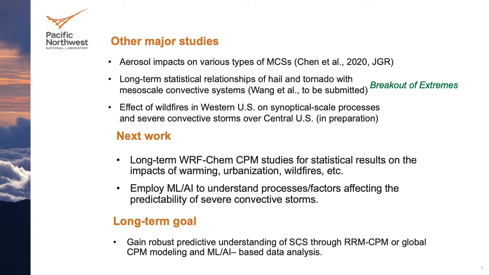We have a long-term goal where, through the regional refinement at 3 kilometer resolution and the global cloud resolution, when E3SM is ready, we will use those and also machine learning methods to gain robust predictive understanding of these severe convective storms.